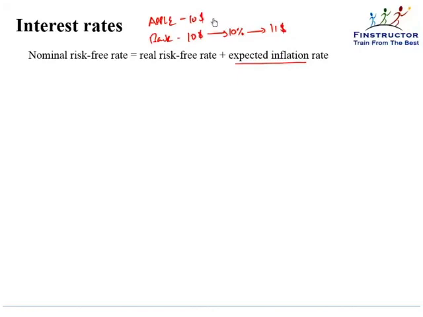During the same 1 year, the price of an apple has also increased by 10% and has now become $11. The apple earlier cost $10, it now costs $11. So your money has grown to $11, but what is your real return?